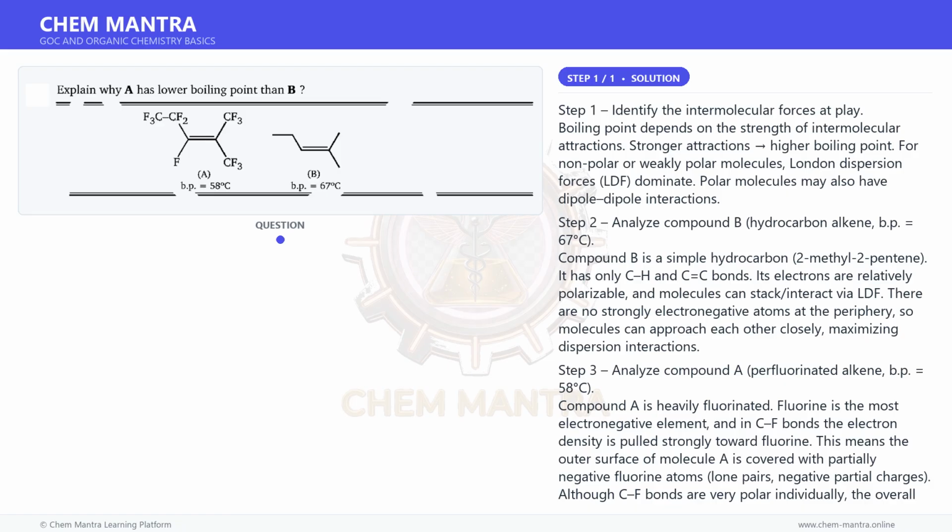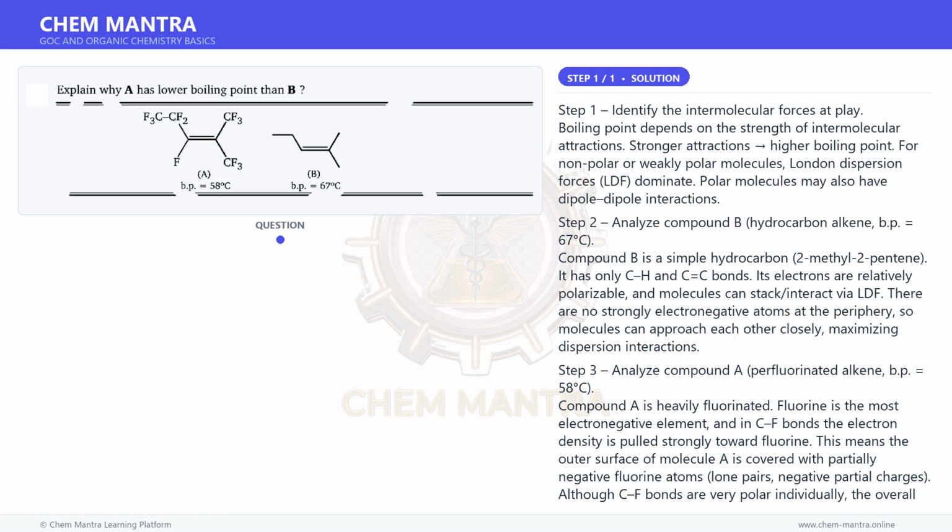This means the outer surface of molecule A is covered with partially negative fluorine atoms, lone pairs, negative partial charges. Although C-F bonds are very polar individually, the overall molecule may be relatively symmetric, reducing net dipole, but more importantly, the peripheral F atoms are all electron-rich.